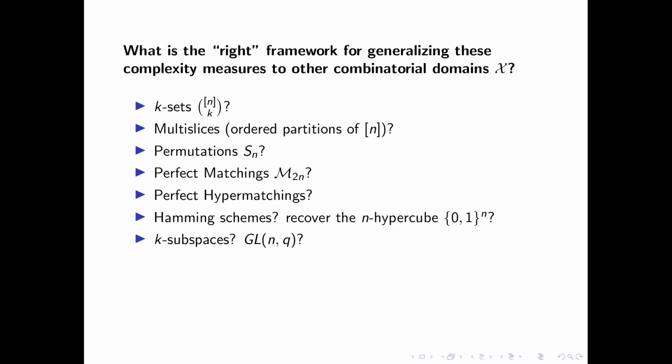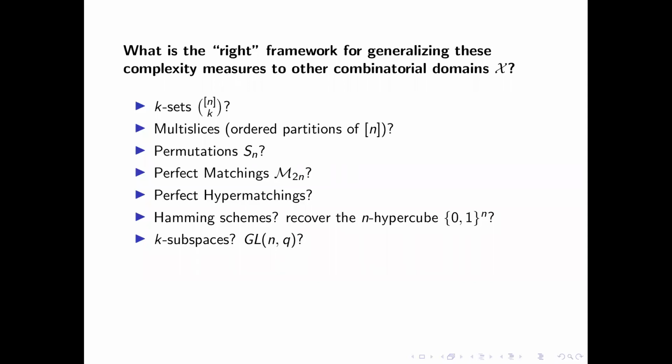But these recent works in theoretical CS that involve some of these association schemes that we're familiar with certainly motivate the following question: what's the right framework for taking all these complexity measures of Boolean functions to other domains? Theoretical computer scientists have developed this nice toolkit for understanding Boolean functions on the hypercube.